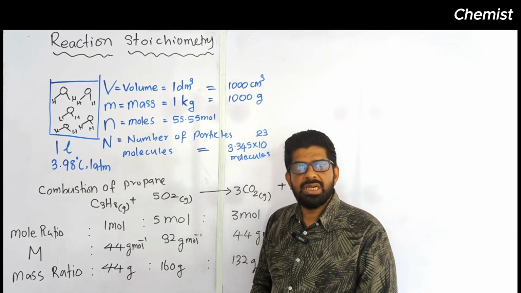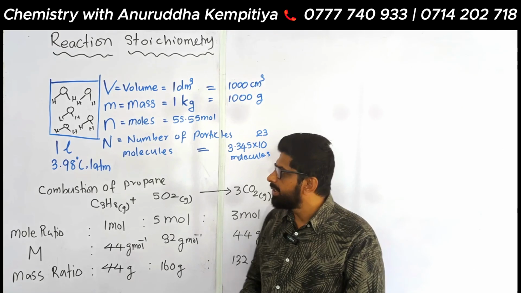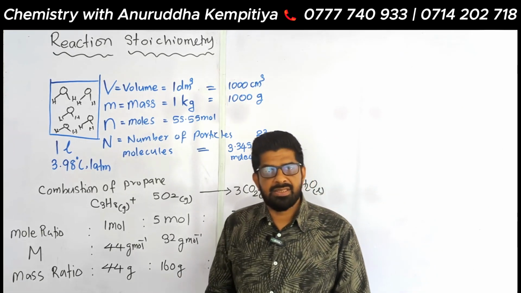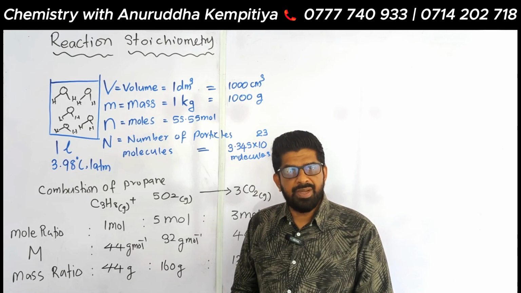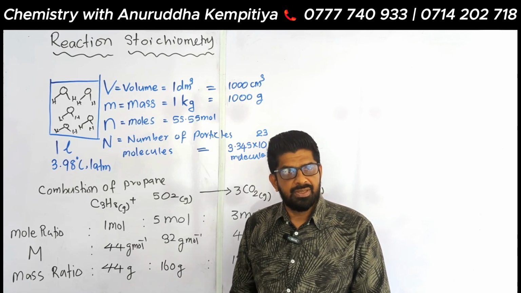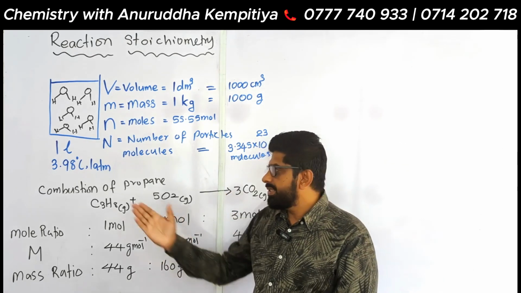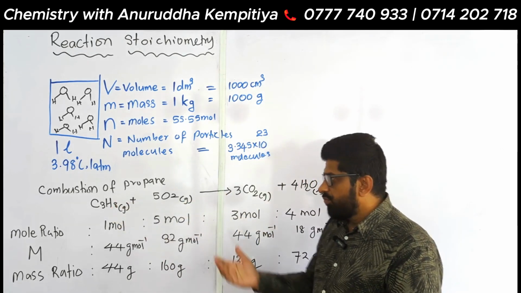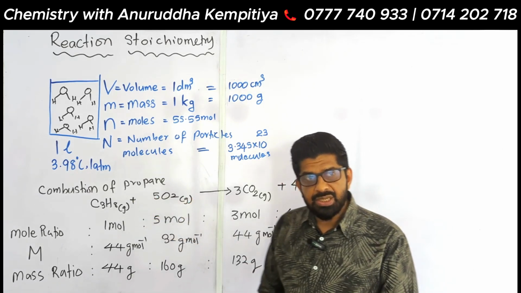Propane is one of the major components of household gas, that is LPG, liquefied petroleum gas, used in gas cookers. So if you burn it, this is the reaction taking place, which can be represented by the balanced chemical equation.